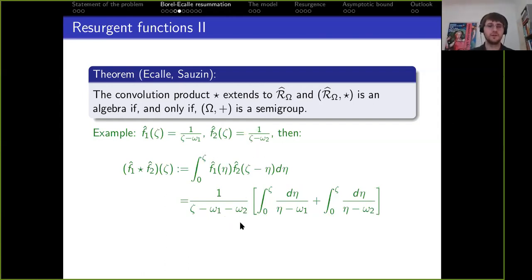And this is an extremely general feature: if you have two singularities and you take the convolution product, you will have singularities at the sum of those two singularities. So in order for these objects to be in the same resurgent set as the first two functions, your set of singularities has to be stable under addition. And the hard part of this theorem is to show that this is actually sufficient.